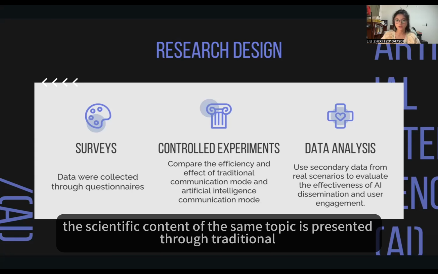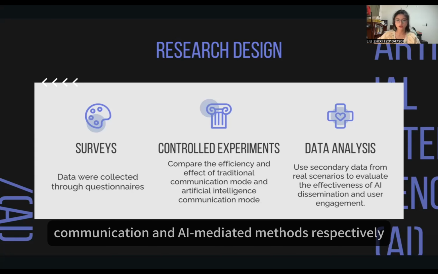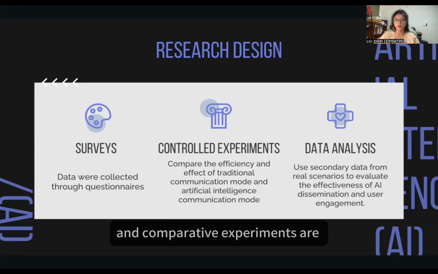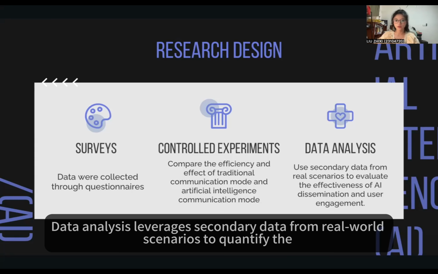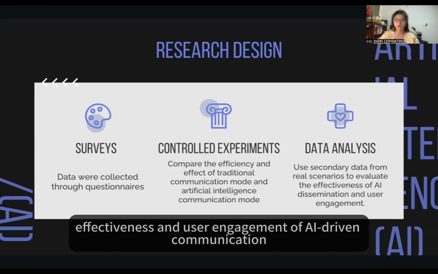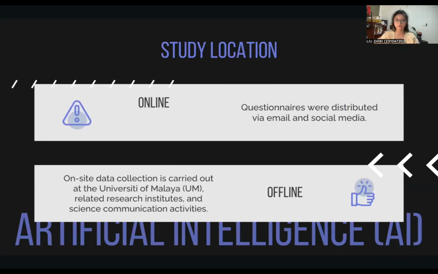The scientific content of the same topic is presented through traditional communication and AI-mediated methods, respectively, and comparative experiments are carried out. Data analysis leverages secondary data from real-world scenarios to quantify the effectiveness and user engagement of AI-driven communication.